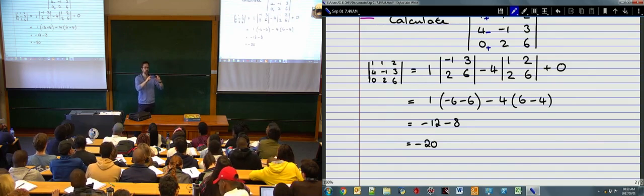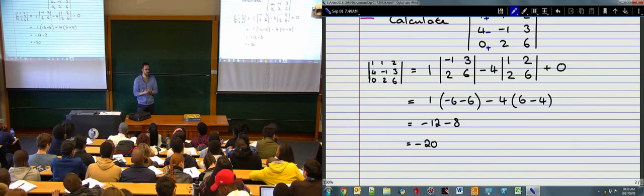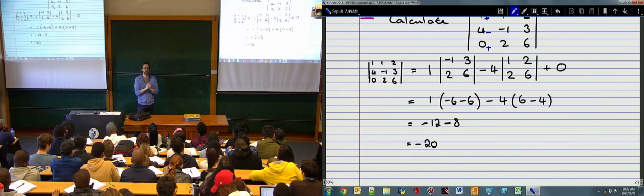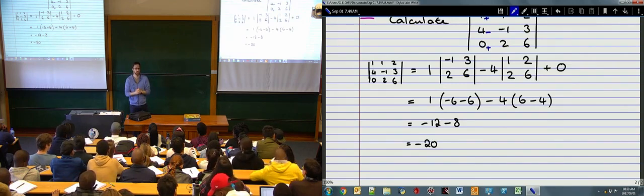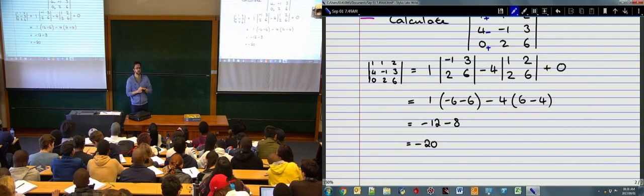And then we know at each step, when we do the Gauss reduction, each elementary row operation changes the value of the determinant in a well-known way. So swapping 2 rows changes the determinant by a factor of minus 1. And scaling a row by k changes the determinant by k. So that's what we're going to use a little bit later on to calculate determinants.